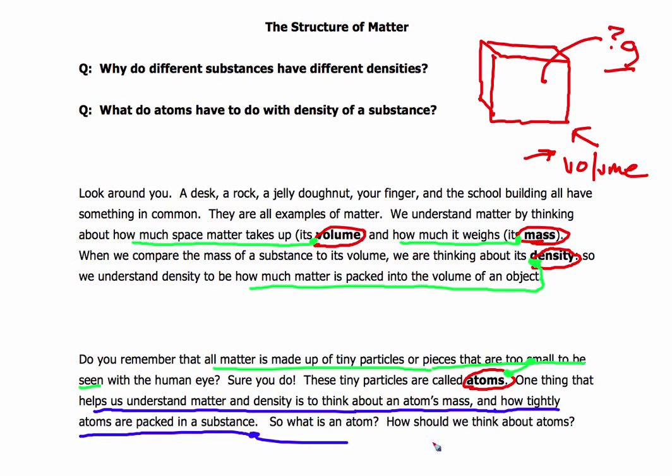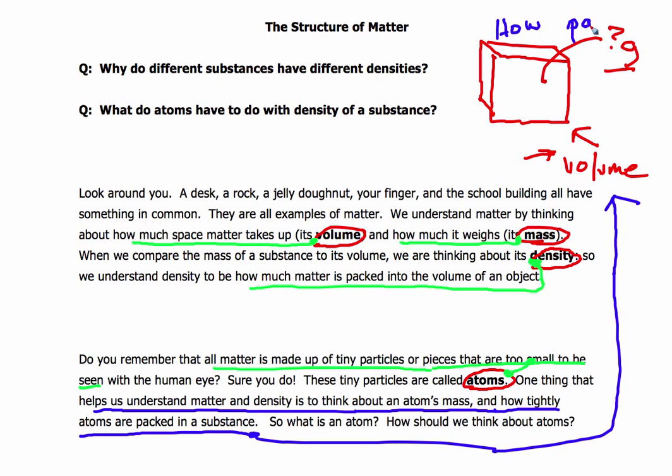So if we want to understand this, we're looking at this picture right here. You can just make a little note here. You could draw this little sketch. How packed are the atoms in any given substance? How tightly are they packed? And that tells us the density. And then the question is, what do atoms have to do with this density?